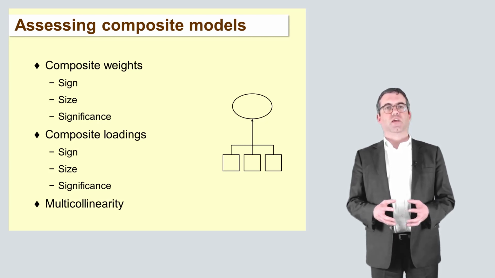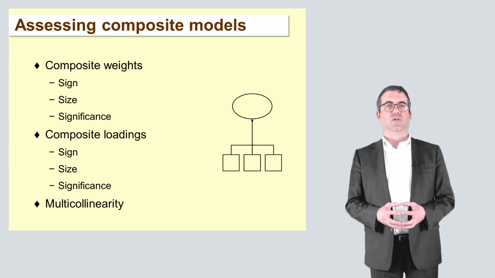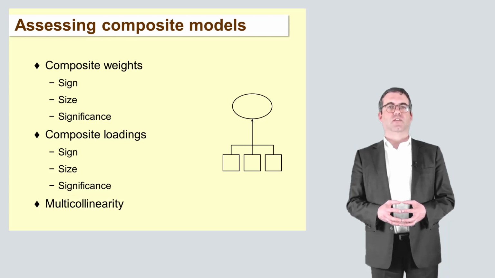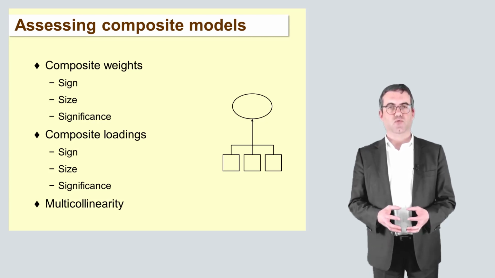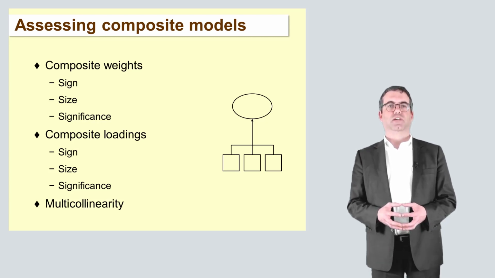If the indicators are uncorrelated, then the weights and the loadings would be roughly proportional. However, if they are correlated, then the weights could have quite a different pattern than the loadings. The other way around, if the weights have a very different pattern than the loadings, we can conclude that multicollinearity is playing a role.